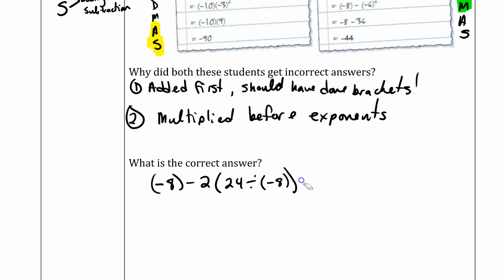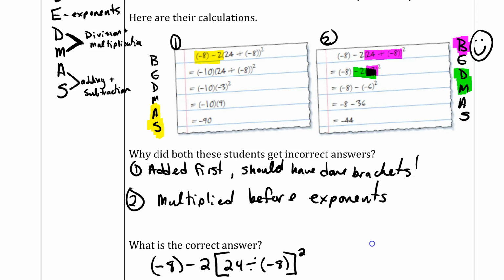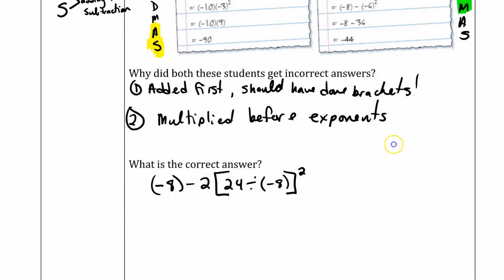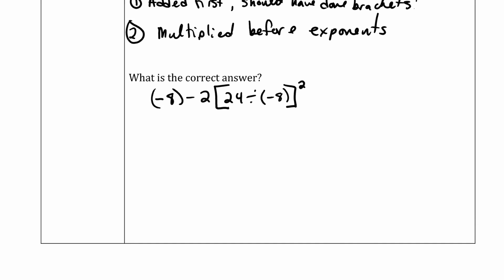I should have the square brackets, because it's just easy to see where the beginning and end of the bracket is. It's easier to keep pairs together.